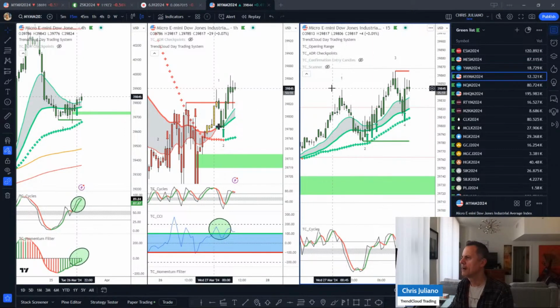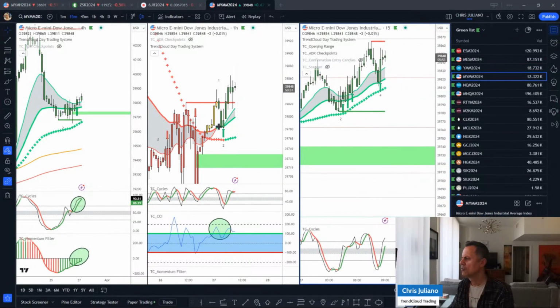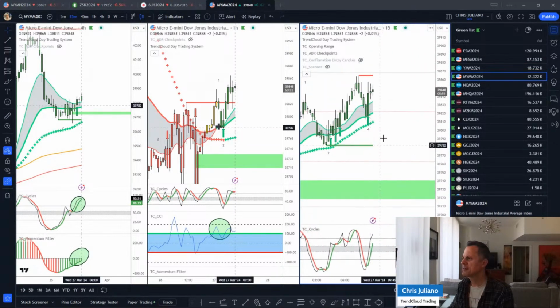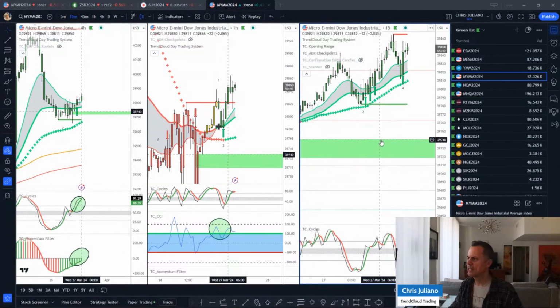Now, could we still get a pullback into here? Yeah, maybe at 9:30 it pulls back. But if we pull back deep, I don't like this zone anymore.